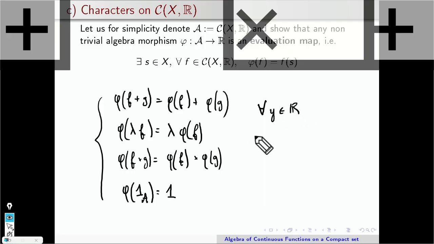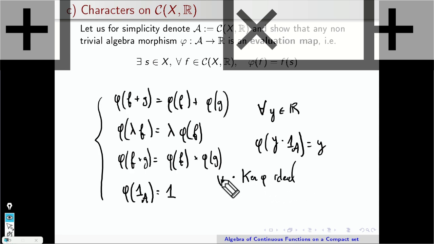So let me just write. Of course, you can obtain y as this number times the unit, so it gives y. And the last point is that the kernel of an algebra morphism is an ideal.